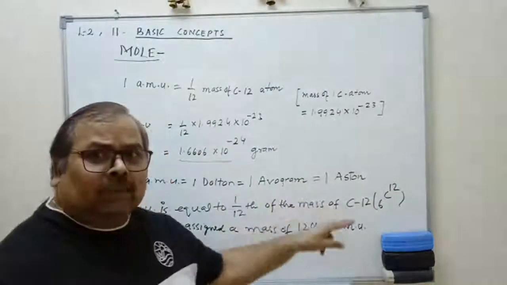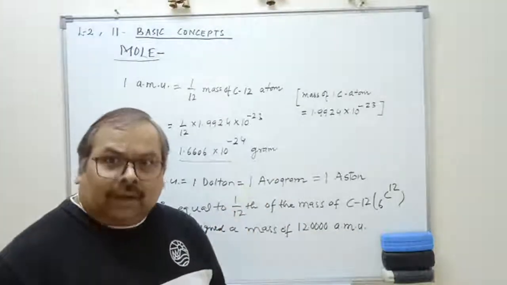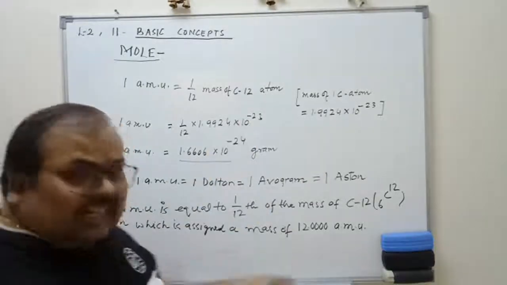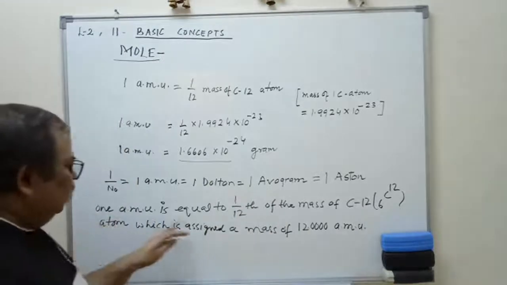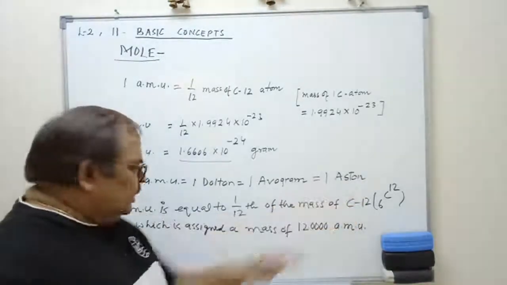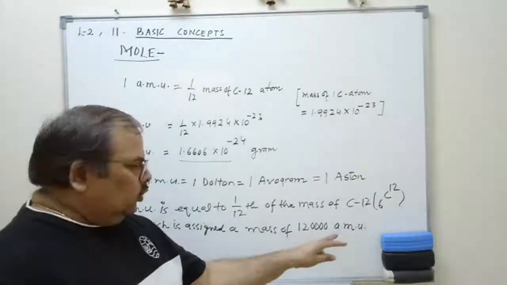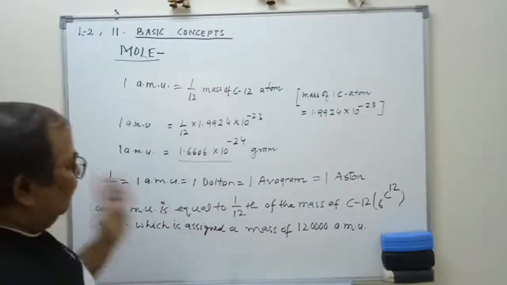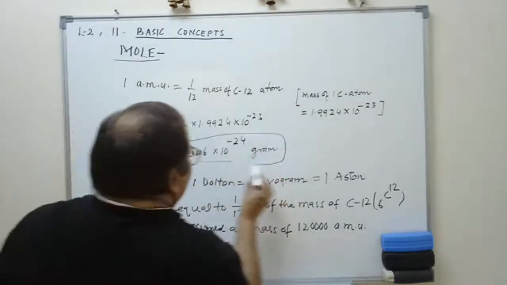Before, it was correlated with hydrogen 1 gram, chlorine 35.5 gram, but this is the latest version. 1 AMU is equal to 1 by 12th of the mass of C12 atom, which is assigned a mass of 12.0000 AMU. Now AMU, you are well aware of this. This is the value of AMU given here.